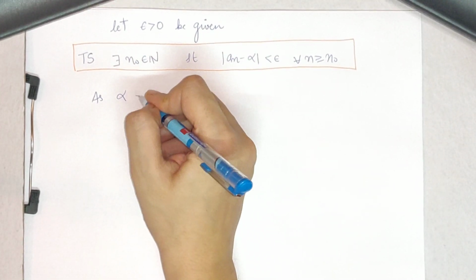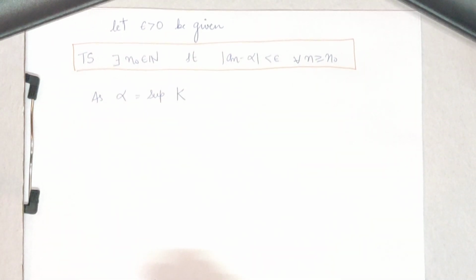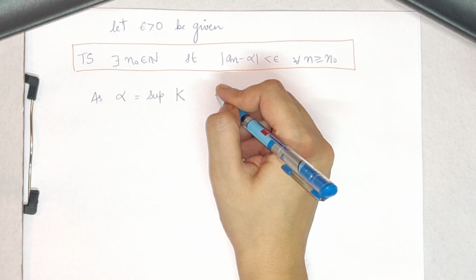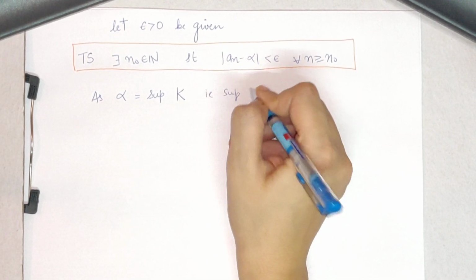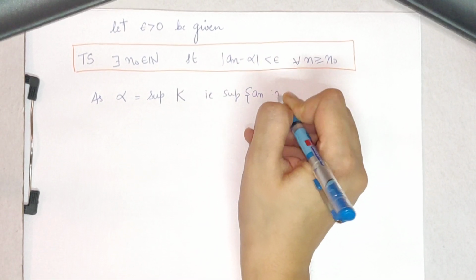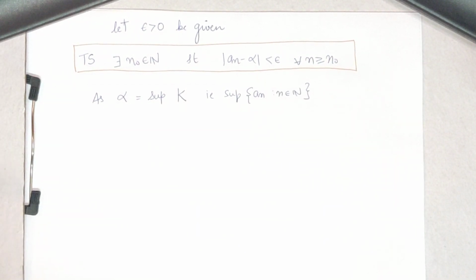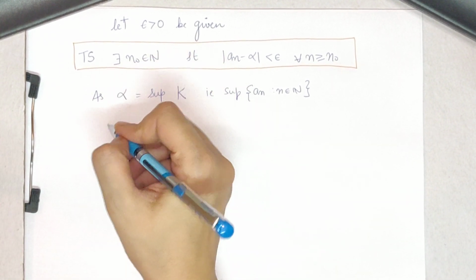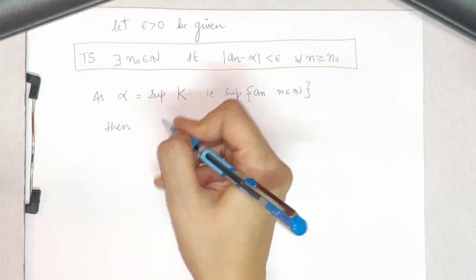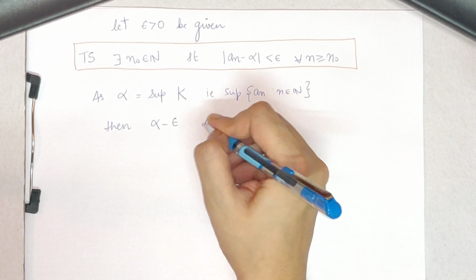Alpha was the supremum of the set K, the set of all the terms of the sequence. Now if it is the supremum, then alpha minus epsilon can't be the supremum.